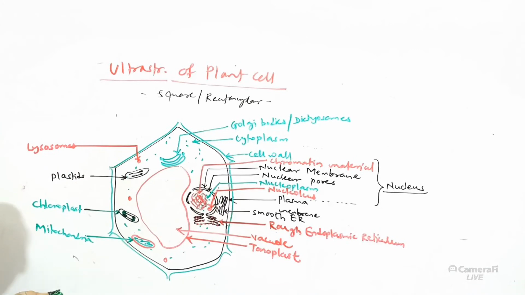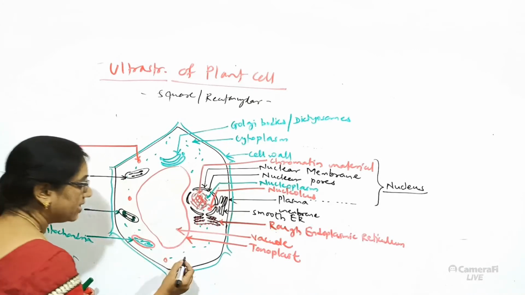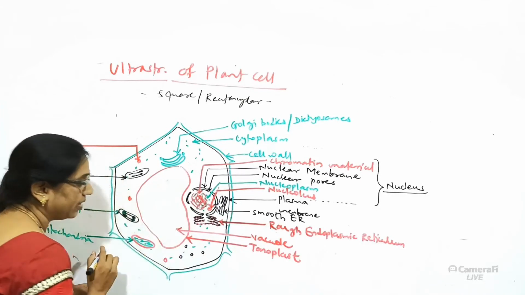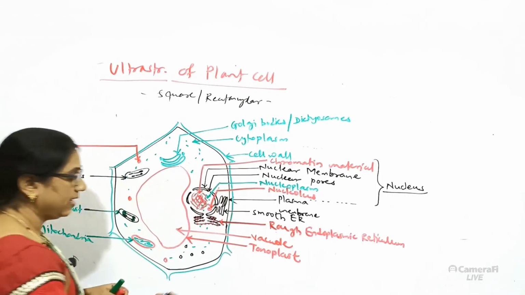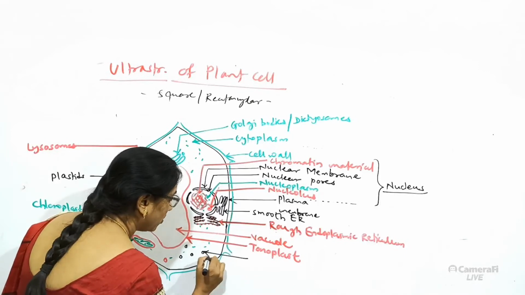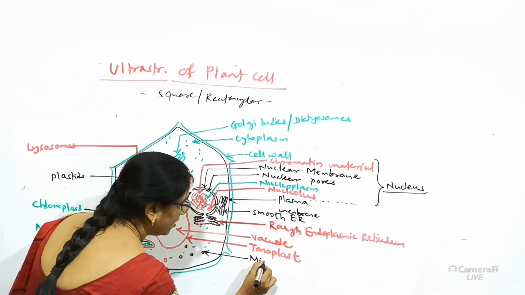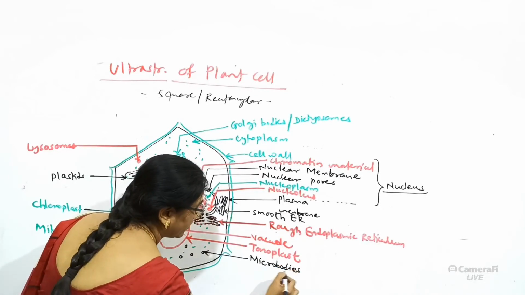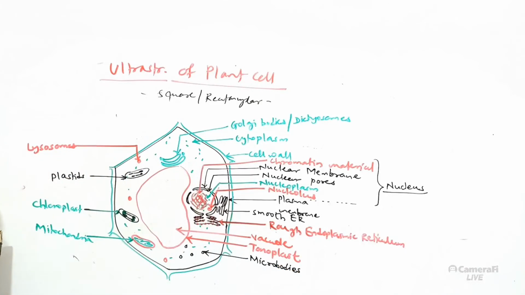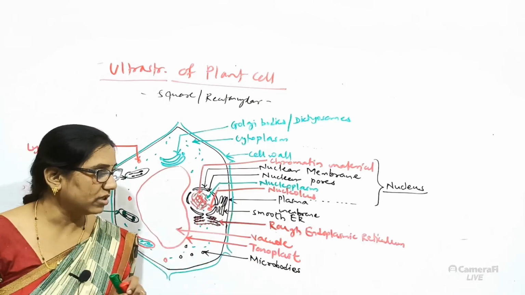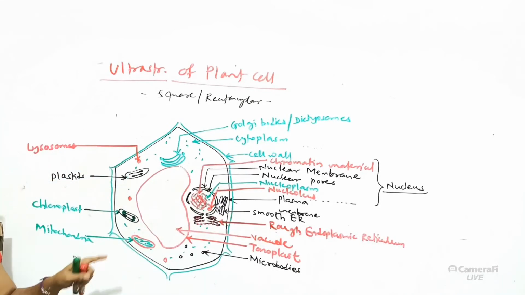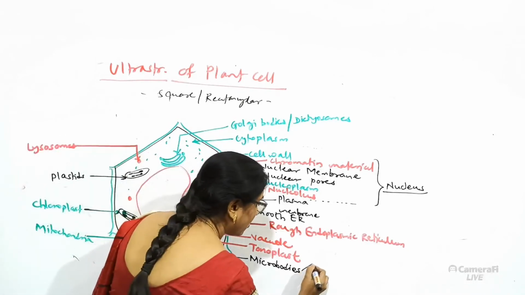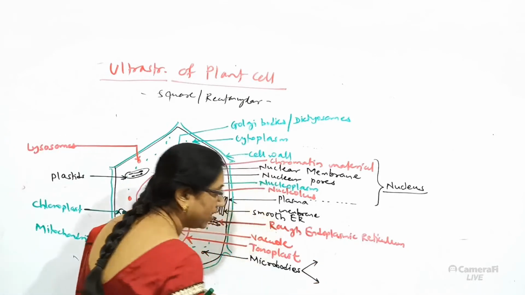Along with the lysosome, other single membrane bound cell organelles are also present, and these single membrane bound structures are called microbodies.